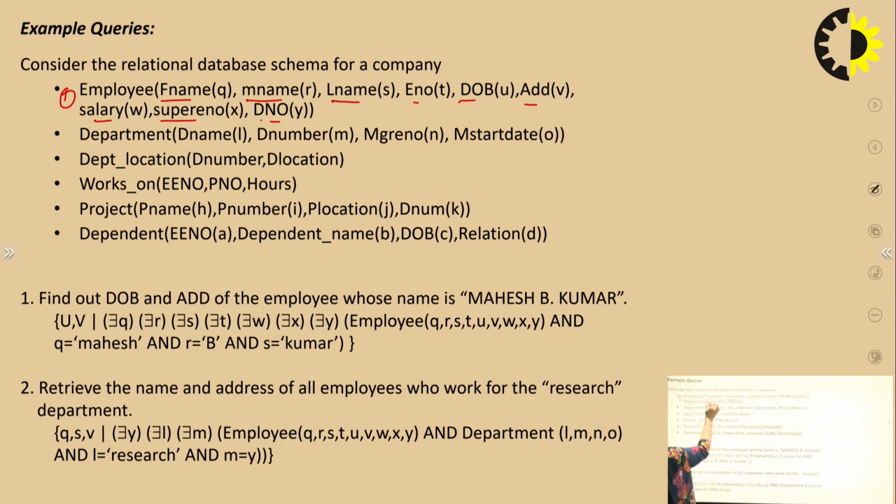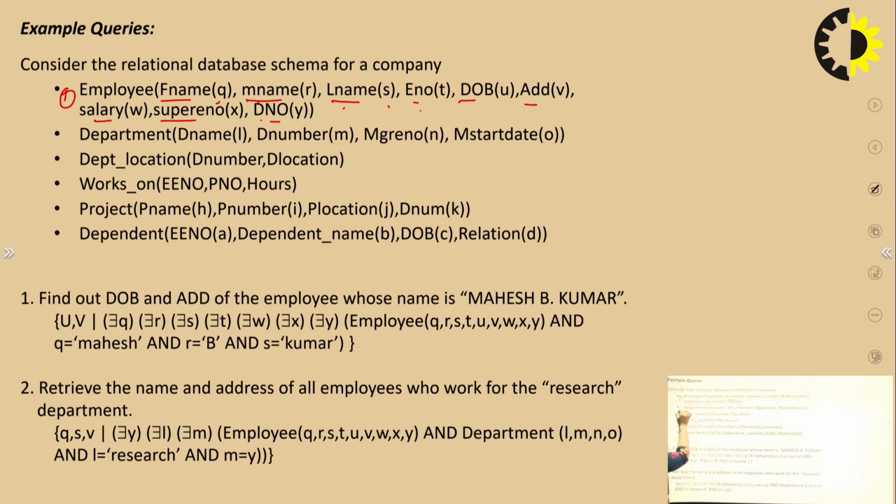For each attribute we have defined a variable here. For first name we have Q, for middle name R, for last name S, employee number T, for date of birth U, for address V, for salary W, for super E number X, and for department number Y.